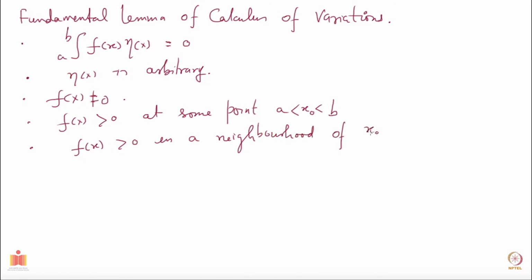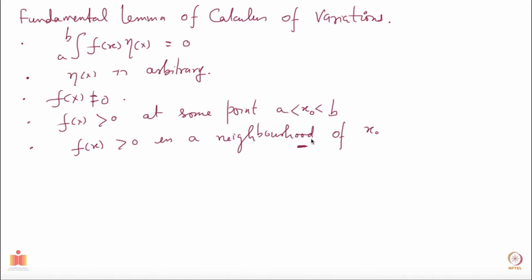Okay, right? So that's clear. Now, because eta is arbitrary, I can choose eta to be positive in this neighborhood. In the same neighborhood, I choose eta to be positive. It may take a maximum value somewhere in the neighborhood, and it may be falling down, and then it goes to 0 outside the neighborhood.